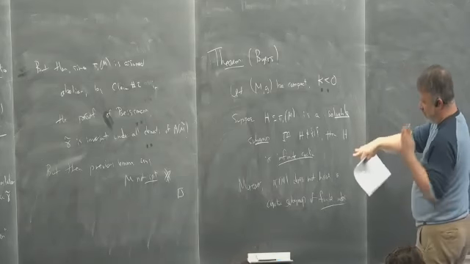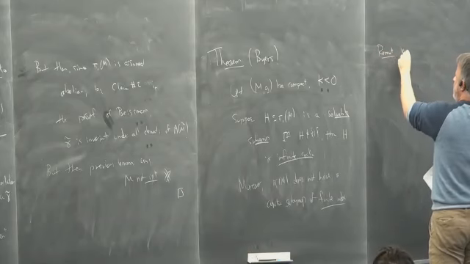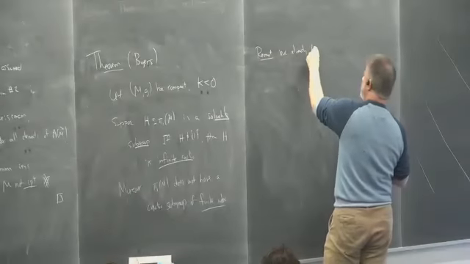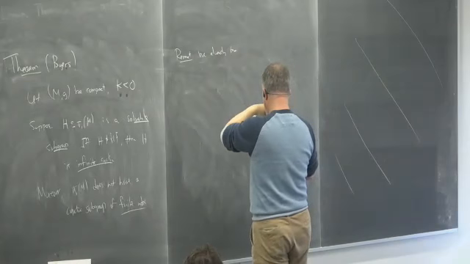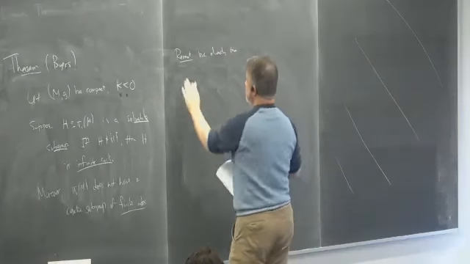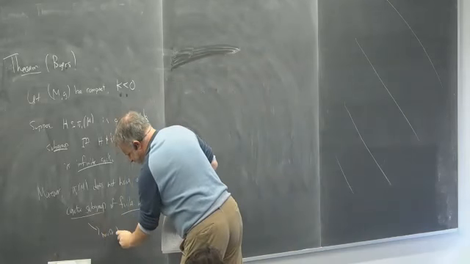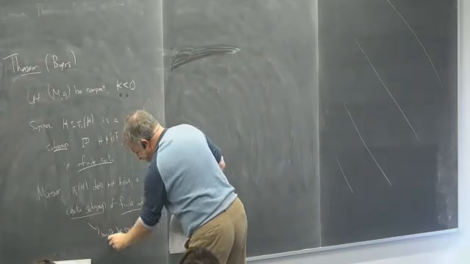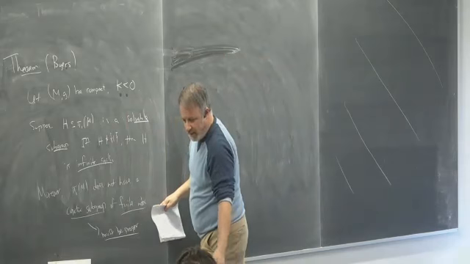Let me make a remark. Here, this cyclic subgroup must be proper, right? Otherwise, there's no content to this statement, because if I take the whole pi1 of M, that's a subgroup of index 1, right?